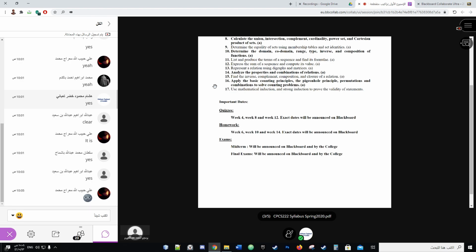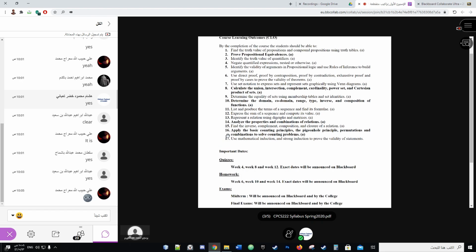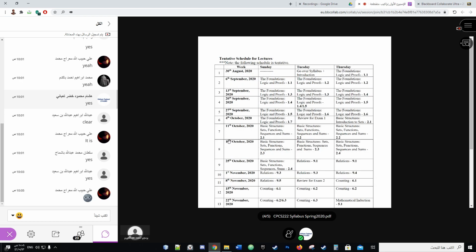We'll let you know exactly when the quizzes, homeworks, and exams will be posted. So this is the tentative schedule. The first 6 weeks will be focusing on the first chapter, and then we will start with the second chapter for the next 3 weeks.